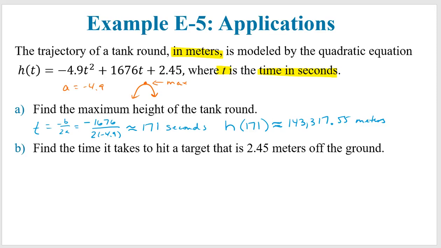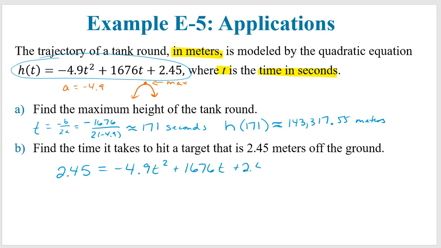Then it says find the time it takes to hit a target that is 2.45 meters off the ground. Okay, so this is a height function. The height of the object that I'm trying to hit is 2.45 meters off the ground, so I'm going to plug that in for the height and then solve the resulting equation.